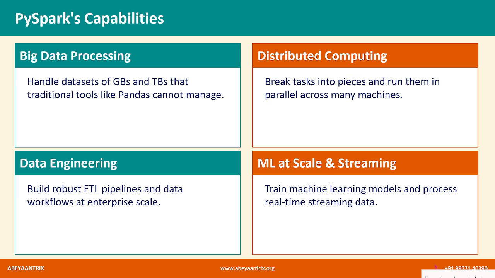And you can also use PySpark to train machine learning models, and process real-time streaming data. Do you know what is streaming? You use Amazon Prime, Netflix and all. Those are what? Streaming platforms. So all the time there will be something streaming on that, continuously to millions of users. Those are the streaming platforms.